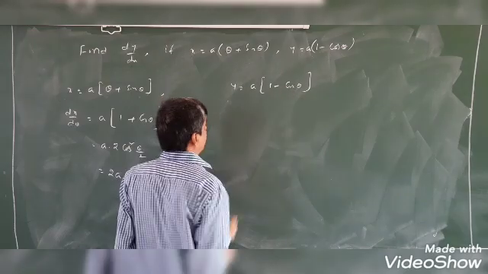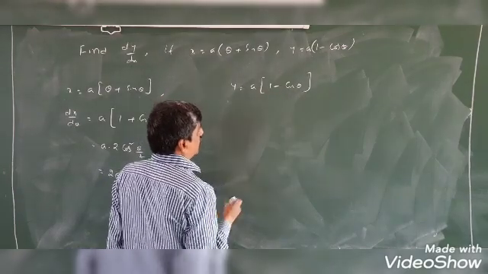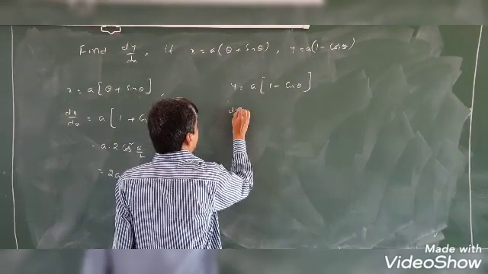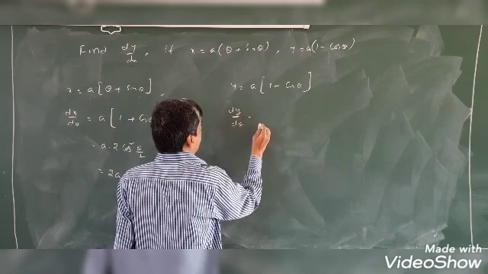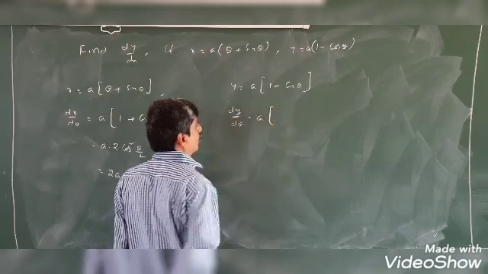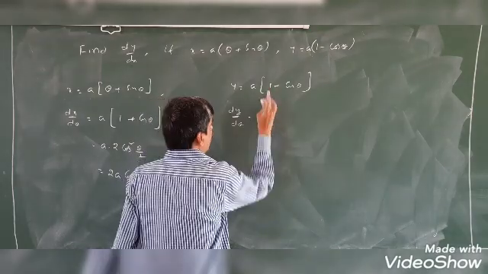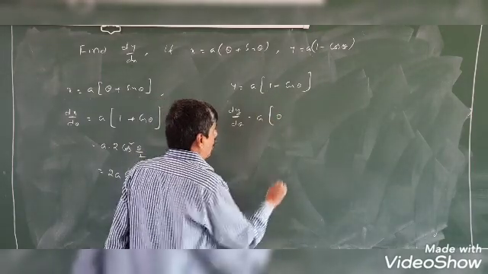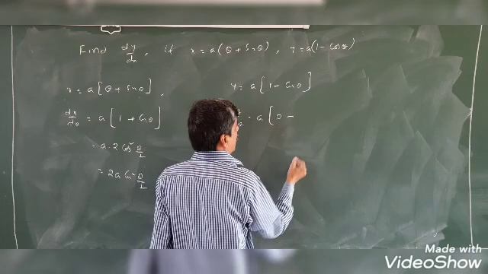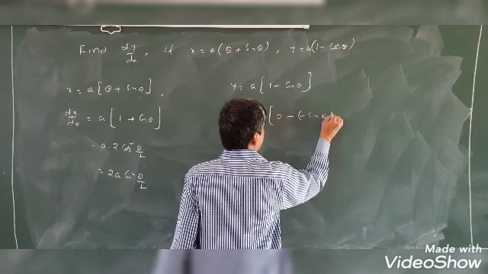Now y is a function of theta. Differentiate with respect to theta on both sides. d by d theta of y, dy by d theta, is equal to a, a constant, kept the same. Then d by d theta of 1 is 0, minus d by d theta of cos theta, which is minus sin theta.